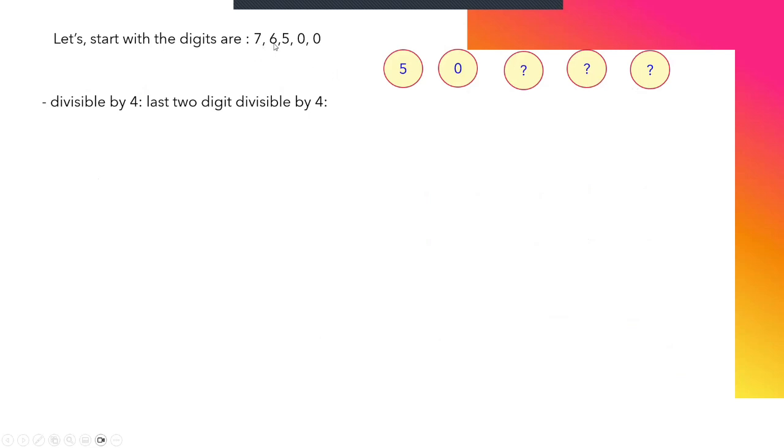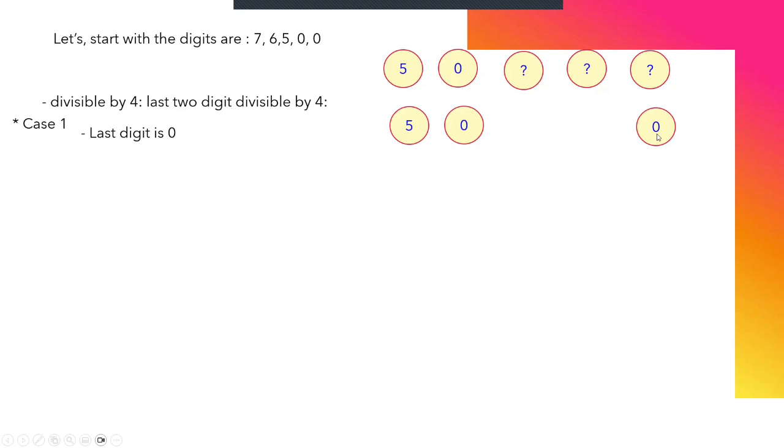Now we are left with 7, 6, and 0. 7 cannot be the last digit because then the number would be odd and not divisible by 4. So the last digit is either 6 or 0. Let's start with case 1, where the last digit is 0.